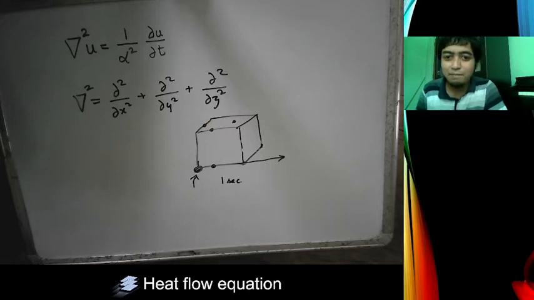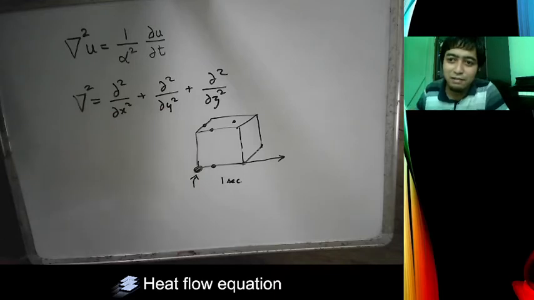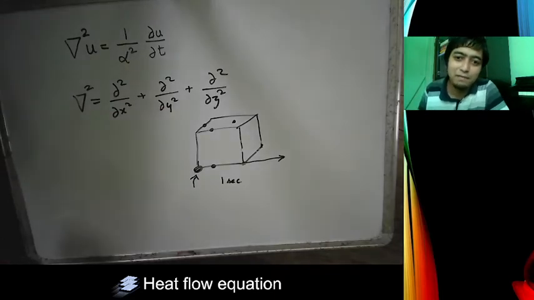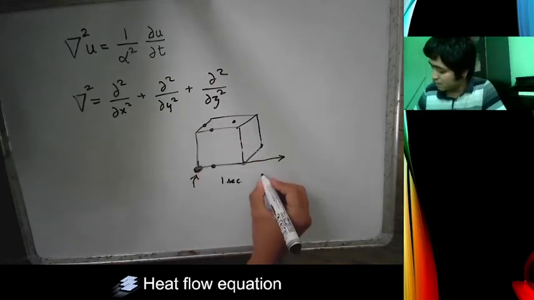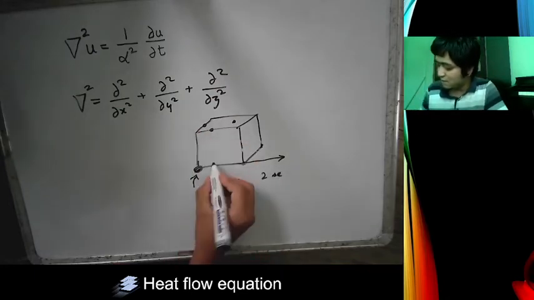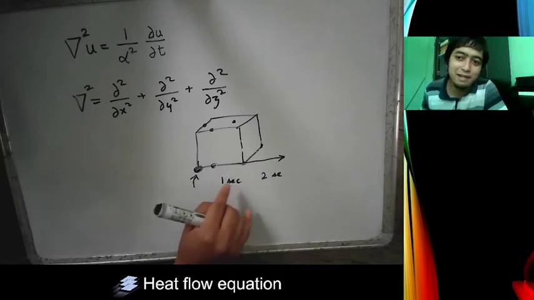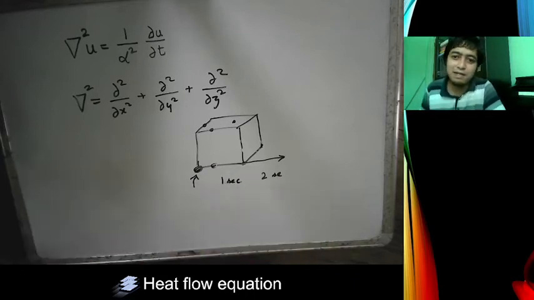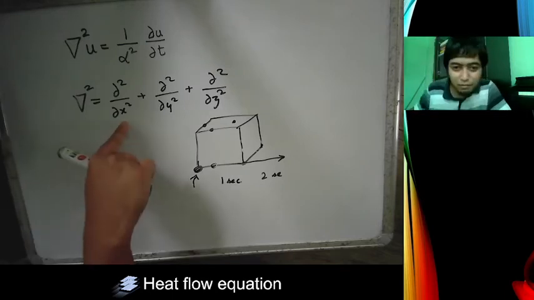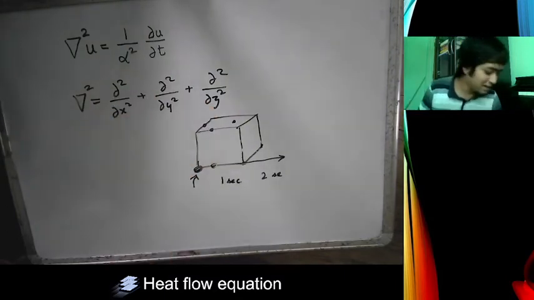That is why the temperature depends upon the three variables x, y, and z, because it is different for different positions. Similarly, the temperature we consider at 1 second will be different after 2 seconds. So that's why it also depends on time. That is why over here we have three coordinates and also the time factor.